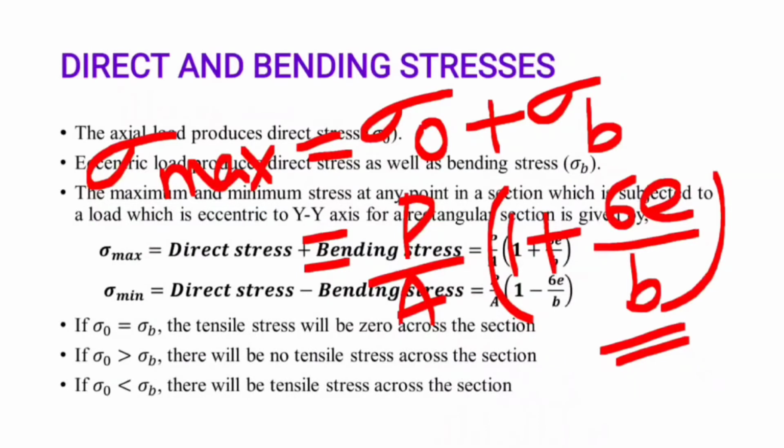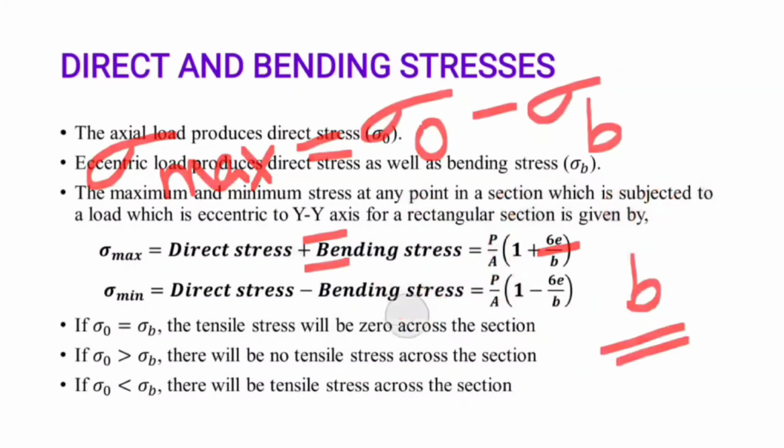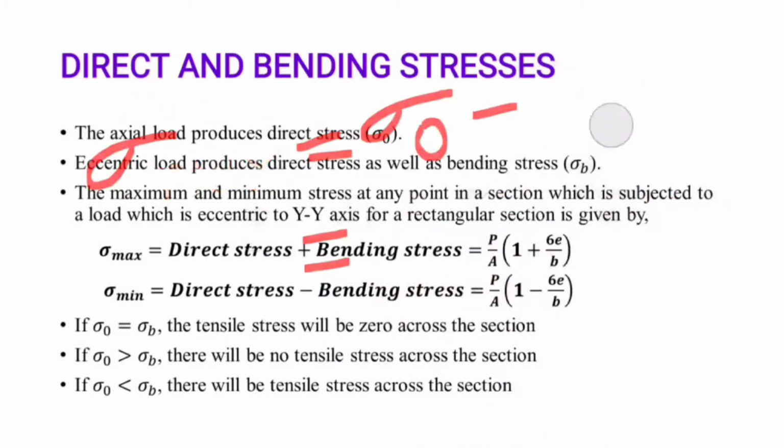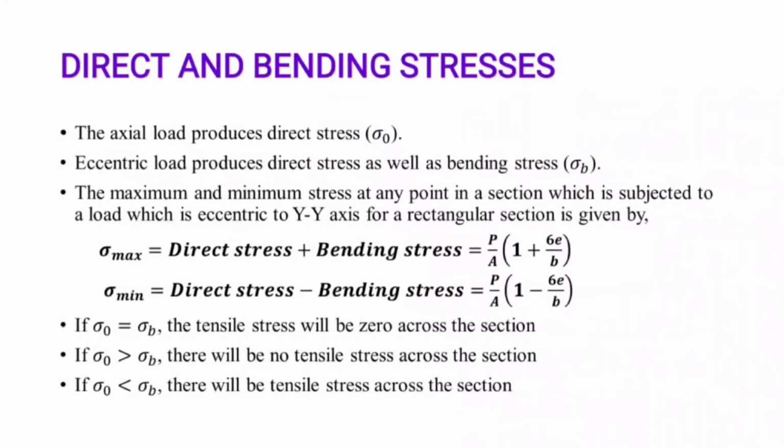Sigma minimum is direct stress minus bending stress, so the formula changes to P by A into 1 minus 6E by B. This is the formula for maximum and minimum stresses at any point in a section subjected to a load which is eccentric about the y axis for a rectangular section.